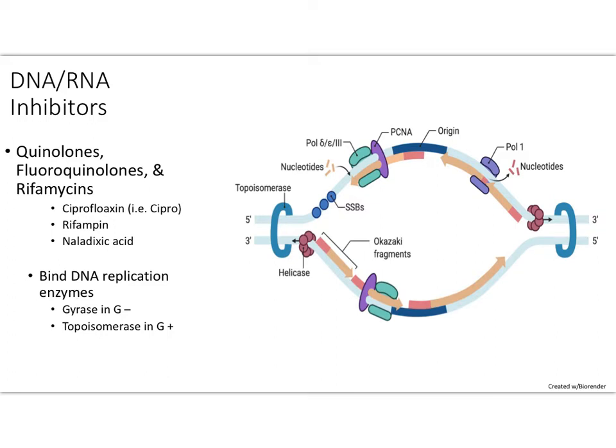In gram-positives, they target topoisomerase, although there is some cross-activity occasionally. These antibiotics can either be bacteriostatic or bactericidal, depending on which specific type of antibiotic we're talking about. So within this broad class of antibiotics called DNA and RNA inhibitors, they can either work to kill the bacteria outright, or they can just stop its growth.